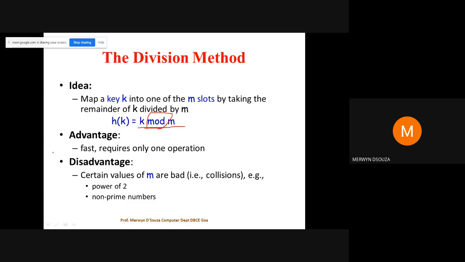The advantage is that it is fast and requires only one operation. The disadvantage is that depending on the value of m, whatever value of m you take, some values of m may result in more collisions. For example, powers of 2 or non-prime numbers may result in more collisions.